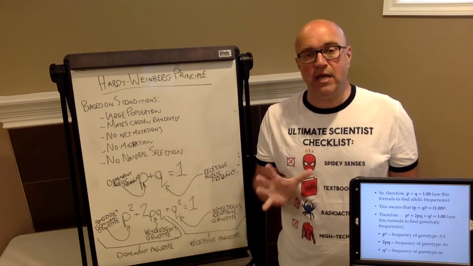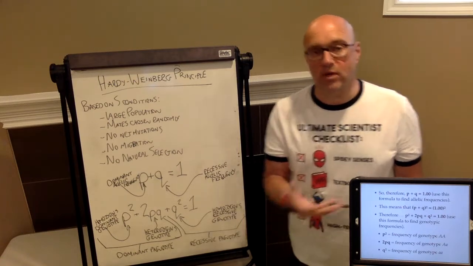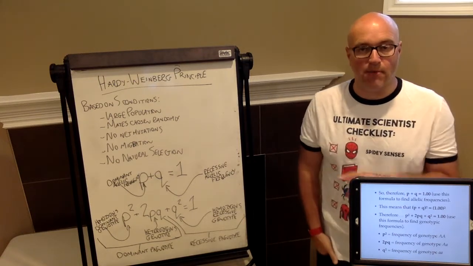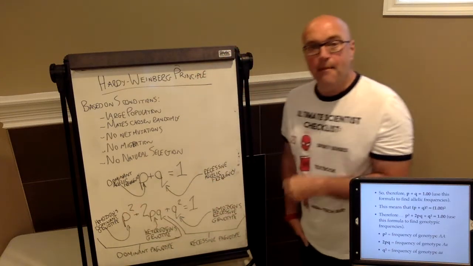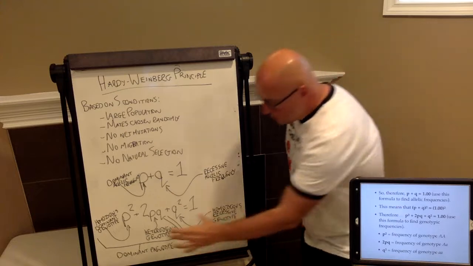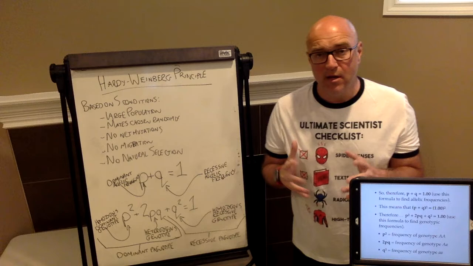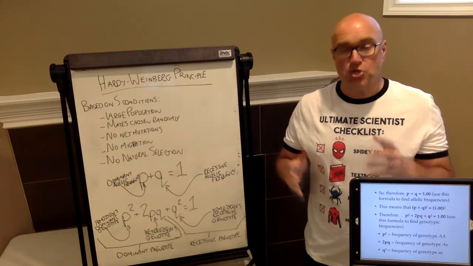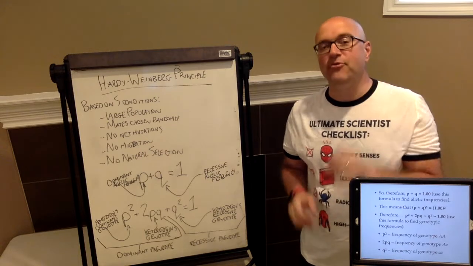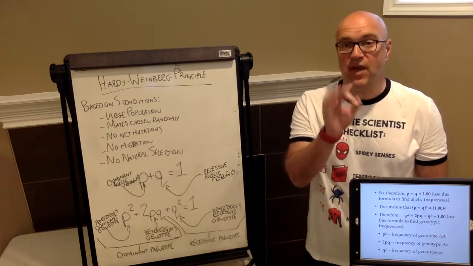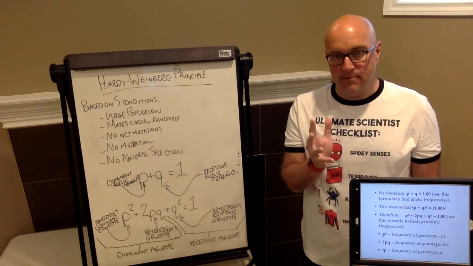So if I wanted to calculate the frequency of the dominant phenotype, I would calculate it based on P squared plus 2PQ. If I add those together, that in theory should equal the frequency of organisms, the percentage of organisms in the population, that have the dominant phenotype.